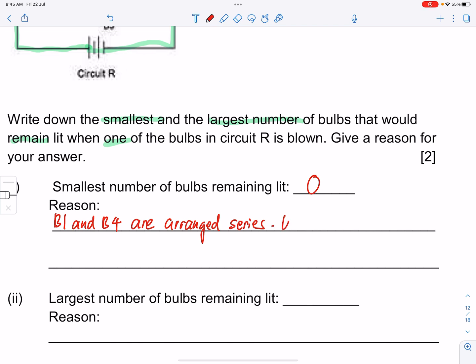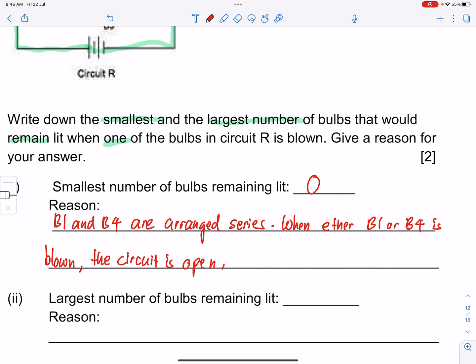So when either B1 or B4 is blown, the circuit is open.